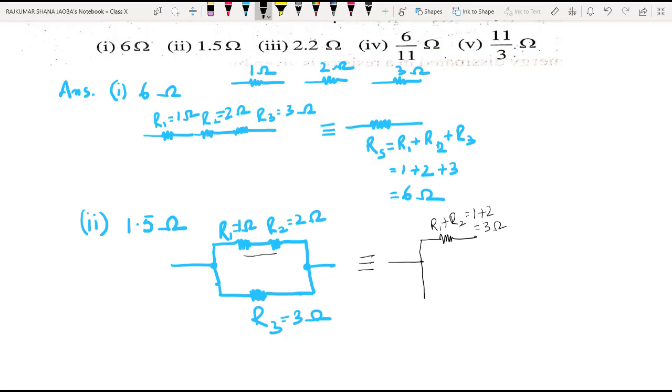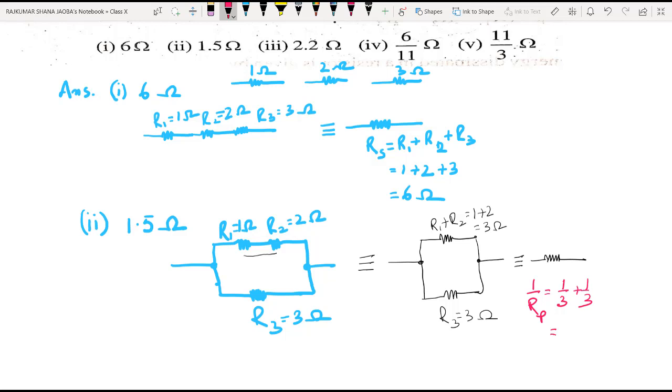Then R3 of 3 ohms is connected in parallel with it. The equivalent resistance: 1 by Rp equal to 1 by 3 plus 1 by 3.